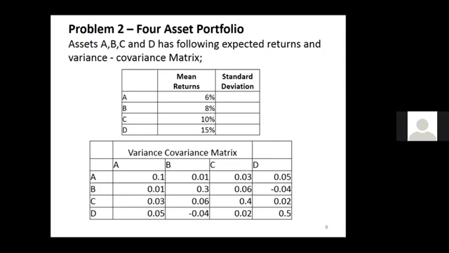if you have 4 assets here, normally, if you have different kinds of assets, we do calculations separately for asset A, asset B, asset C, and asset D. First, we can calculate the return measures.